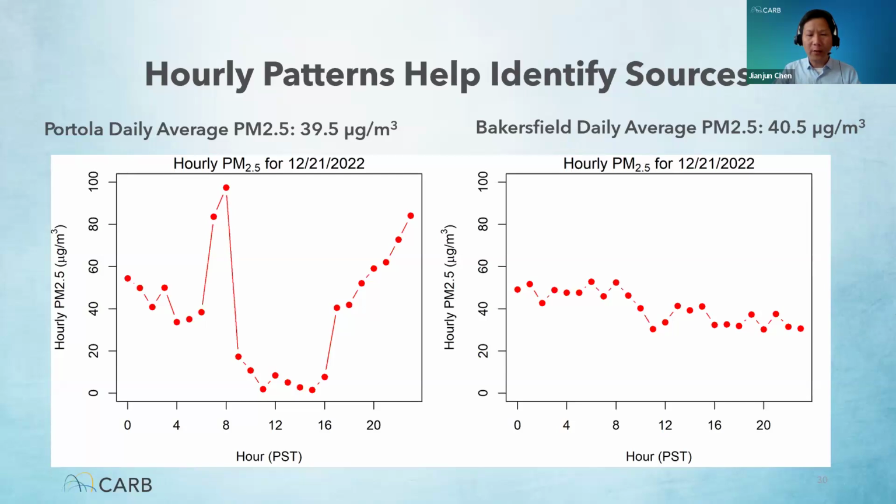In contrast, Bakersfield showed less diurnal variation, pointing to more widespread regional pollution from ammonium nitrate and organic aerosol emissions. These differences in diurnal trends can help clarify the nature of the PM 2.5 problem and identify potential sources contributing to the elevated PM 2.5 levels.